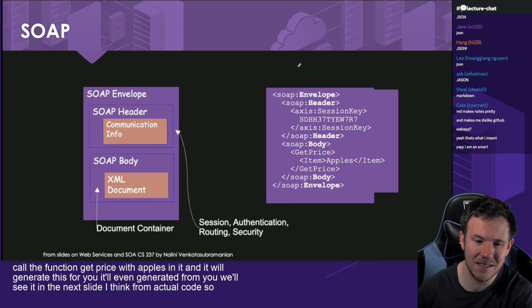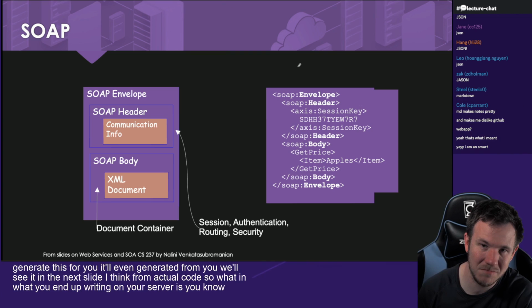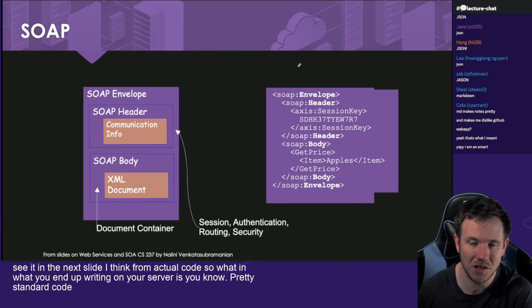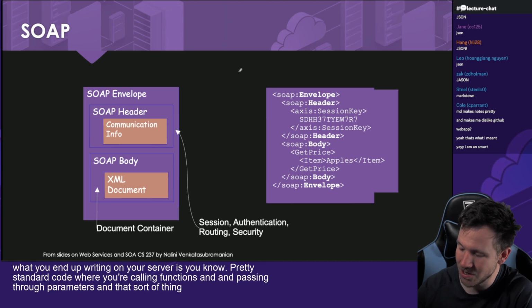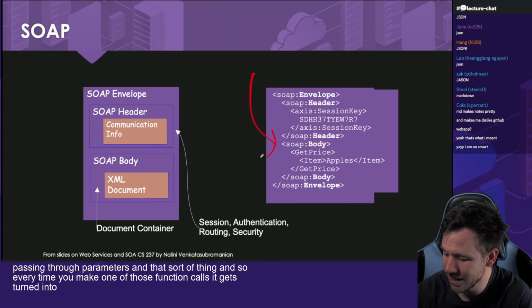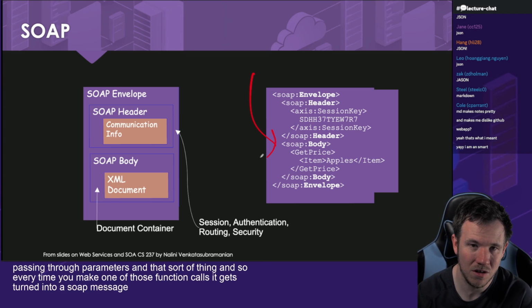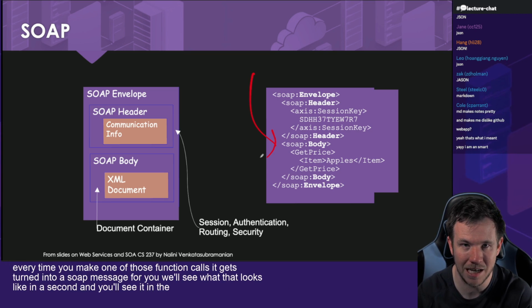So what you end up writing on your server is pretty standard code where you're calling functions and passing through parameters and that sort of thing. And every time you make one of those function calls, it gets turned into a SOAP message for you. We'll see what that looks like in a second, and you'll see it in the tutes when you get to playing with SOAP in week 12.